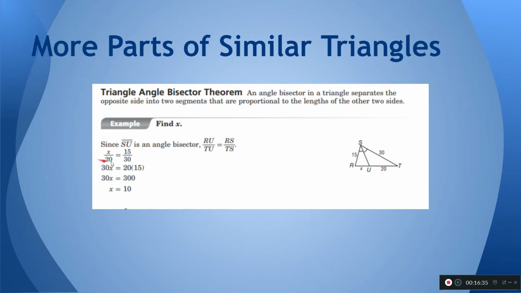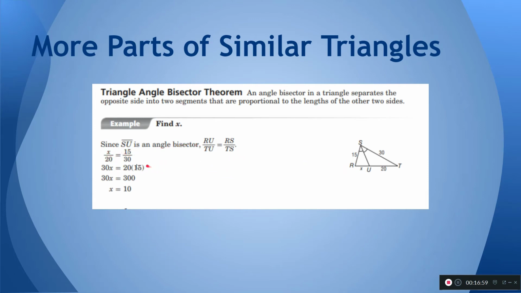Once we fill in all of the pertinent information that we've got, then we cross multiply, solve for x. Once again, x equals 10 in this scenario here. So that's our example. Let's move forward to the practice problems. Again, if you need to come back to look at the example, mostly to look at how this is set up so that you can actually see which section goes into which ratio and things like that.